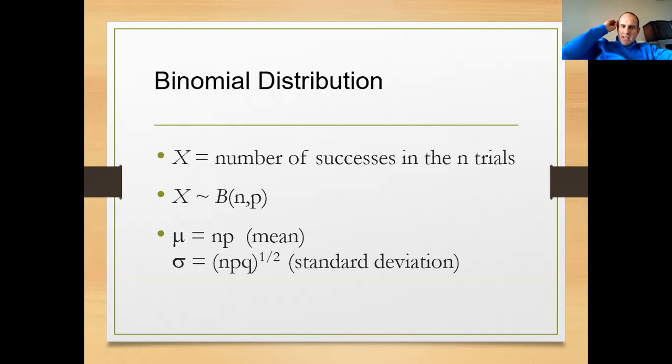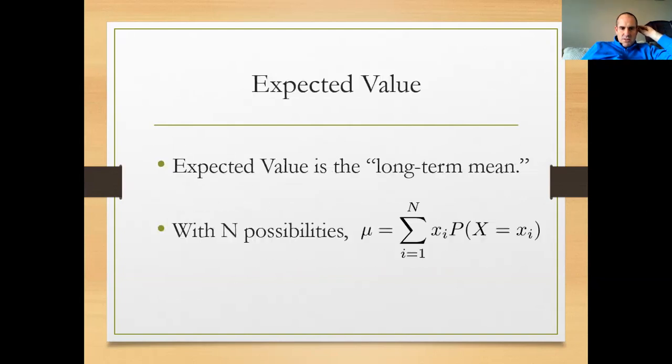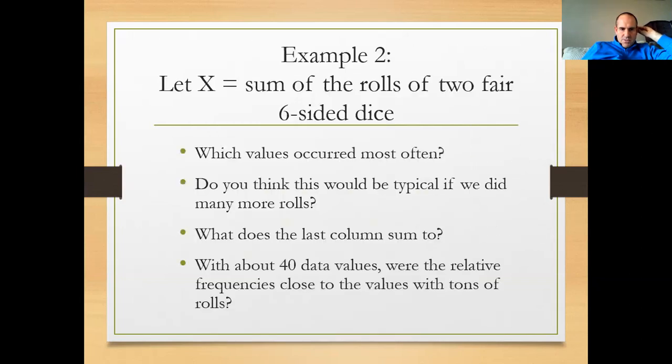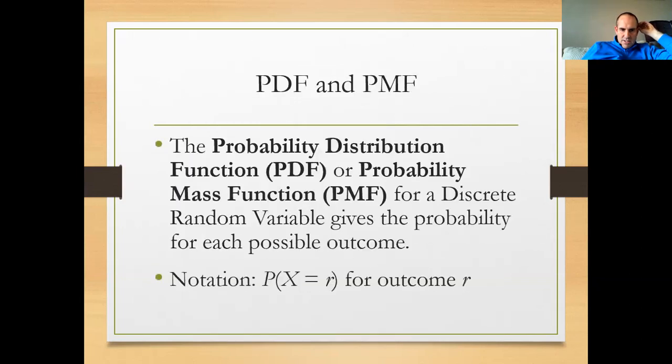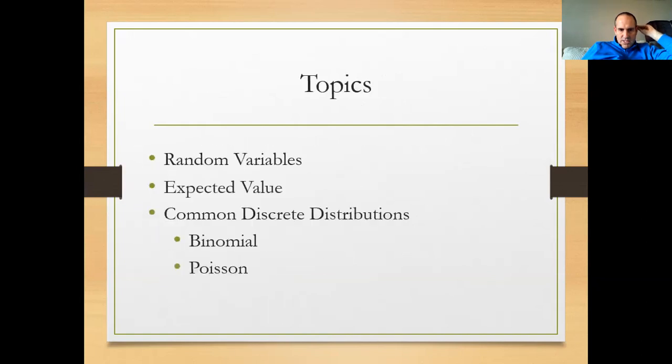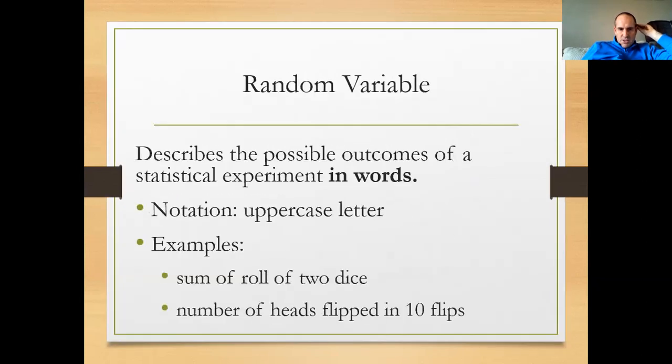And then the variance for this thing is N times P times Q. So the standard deviation is the square root of that. I believe we kind of talked about that back here somewhere.